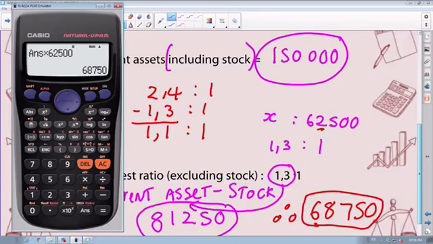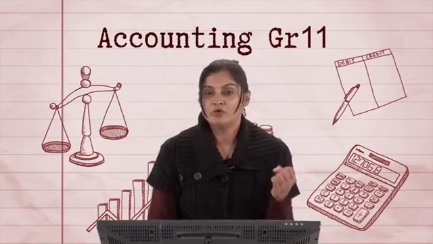Much shorter, much quicker, as long as you've understood what I've just done. If you haven't, don't panic. Hopefully we get another opportunity to do this, or you can always ask a friend, or you can ask your teacher. But remember, guys, the more you don't understand something, the sooner you need to try and figure this out and make sure that you understand.